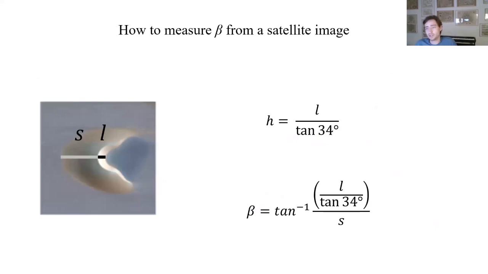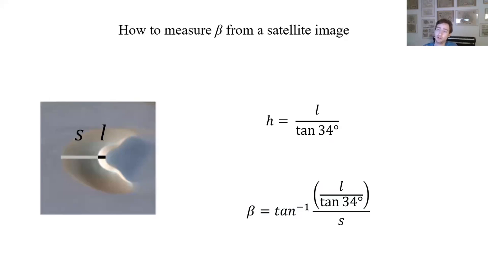Now, by using a little bit of simple trigonometry, we can actually calculate this angle, this beta, the windward angle, from satellite images. The reason for that is because the angle of repose, the forward-facing angle, is really constant in these systems. It's generally measured to be roughly 34 degrees.